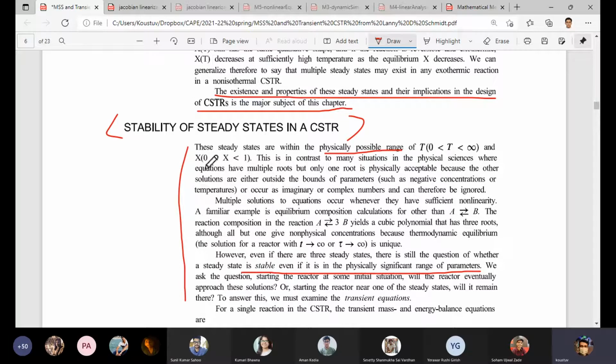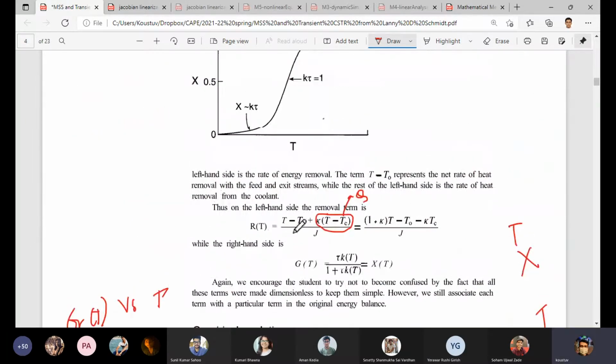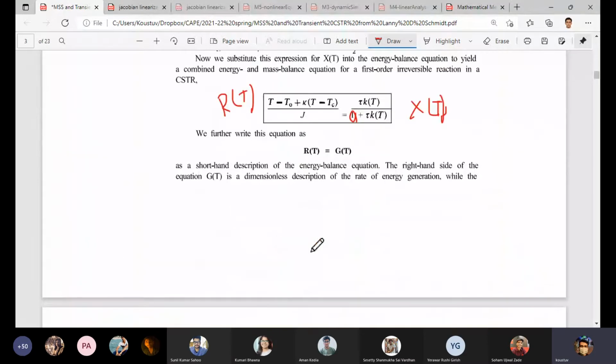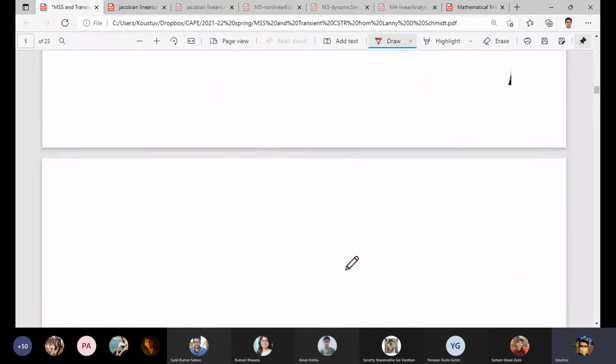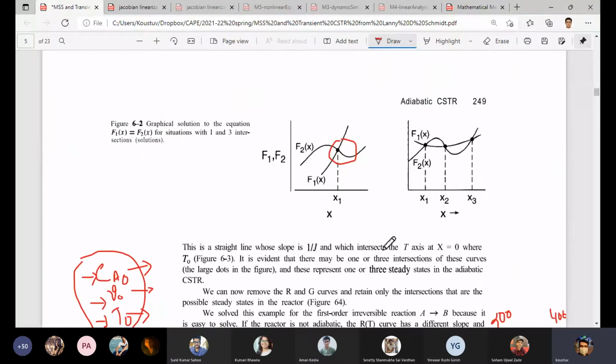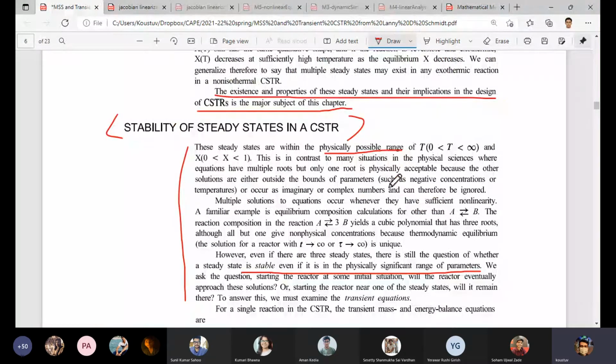After solving these two simultaneous equations to get the steady state, the unsteady term will be 0, and we solve the equations together. We can get three different points, and the values are in the physically significant range.